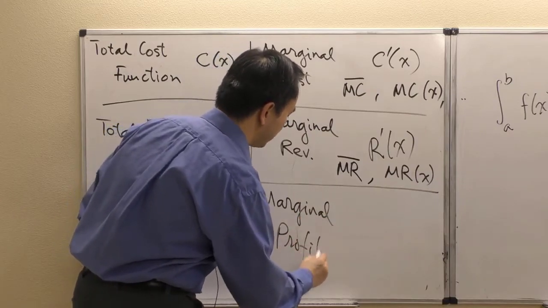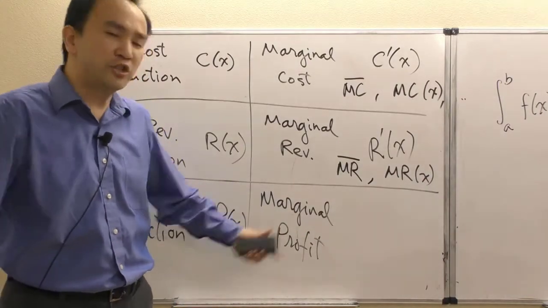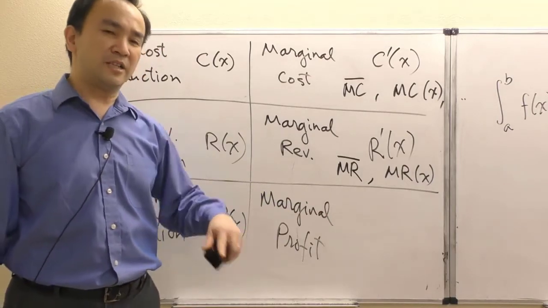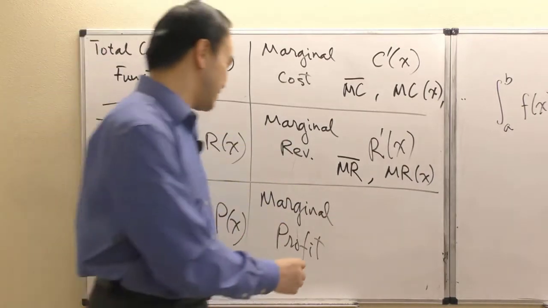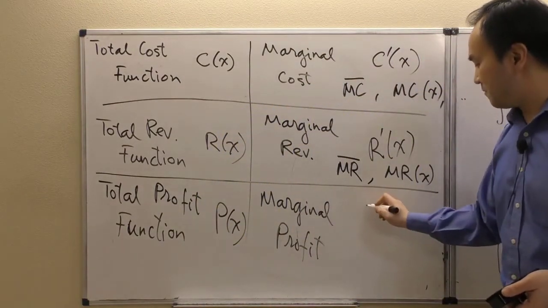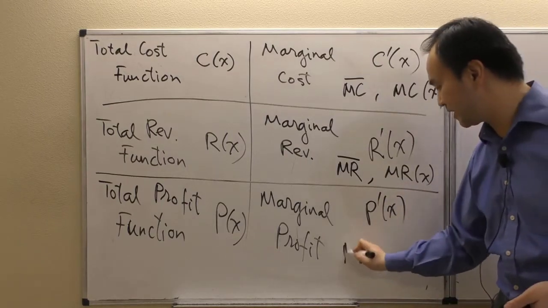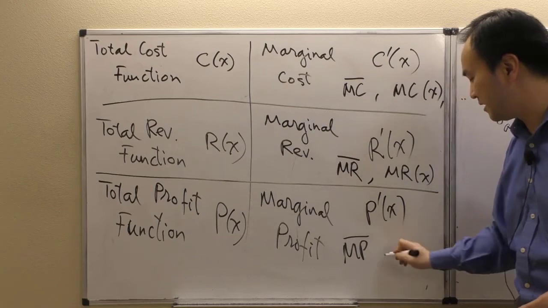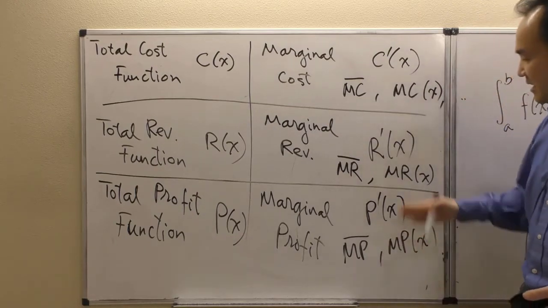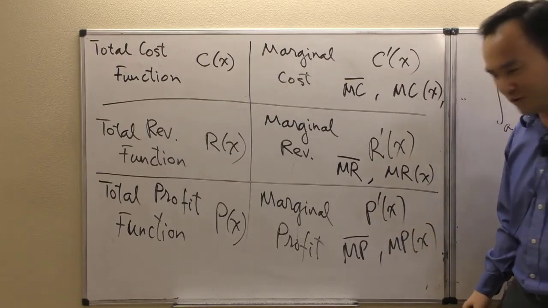Here I don't have to explain what a marginal profit, a marginal revenue, or a marginal cost is, because I assume any of you viewing this video has already learned from your past what these marginals are. So here I'm just reminding. Directly speaking, it's P prime, or many textbooks use MP with a bar, or even MP of x. These are just some reminders about the marginals that we've learned.